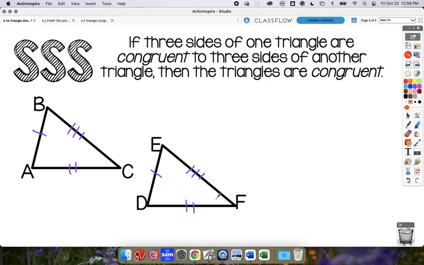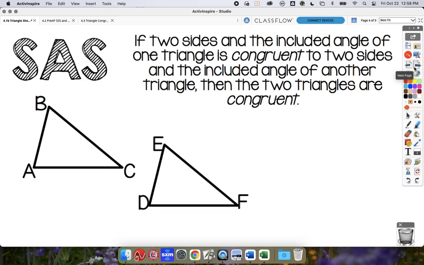So the other one that we talked about yesterday was the side angle side shortcut. If you are given these 2 sides are the same length, and these 2 sides are the same length, and the angle included between those sides is the same, you can immediately assume all the other parts of the triangles are the same.